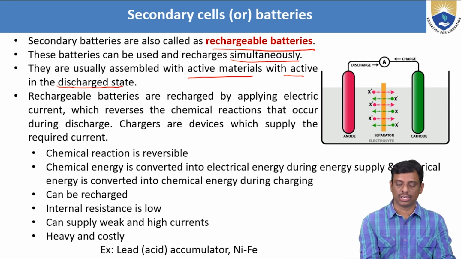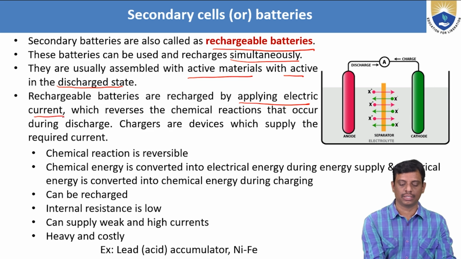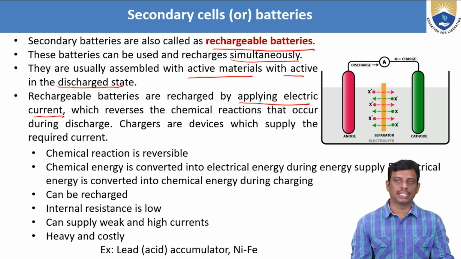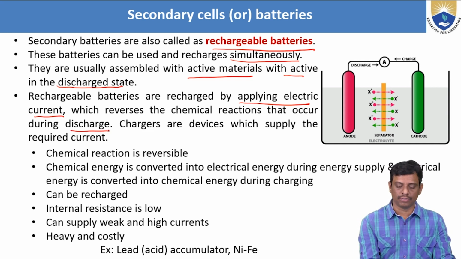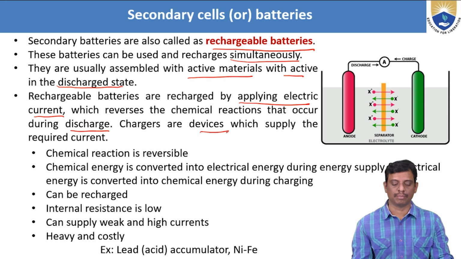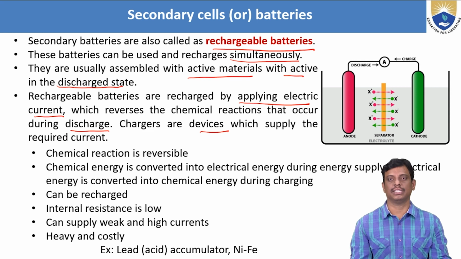Rechargeable batteries are recharged by applying an electric current, which reverses the chemical reaction that occurred during the discharge. The charger is the device which supplies the required current. We supply the required current, then again the chemical reaction happens.